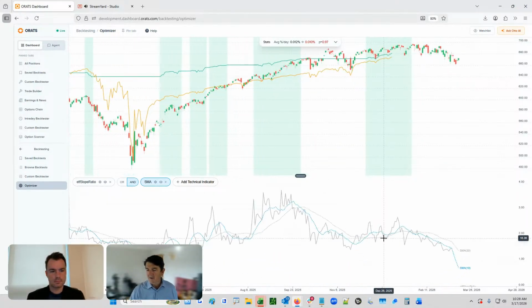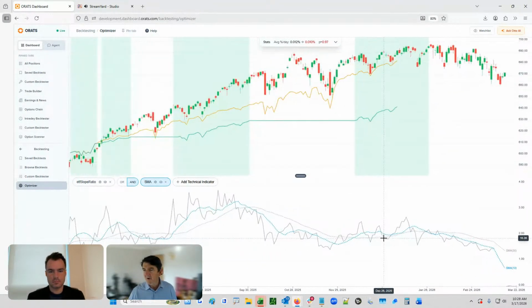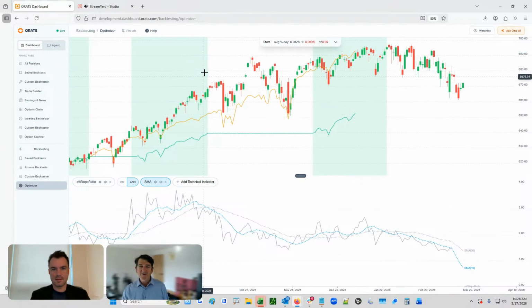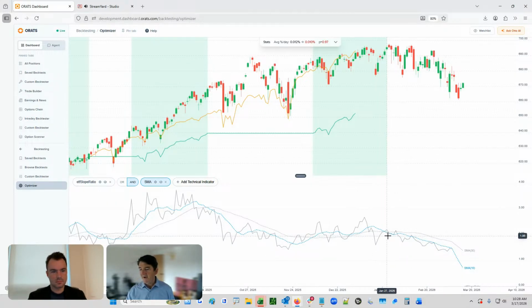But let's just look here. What's happening, and this is an excellent exit, is it got out of here, but it's pretty trigger happy. It's missing some, but it had a good exit here, right? Basically what it's saying is when the SMA 10 gets shallow, you'll notice the SMA 10 is falling below the SMA 30.